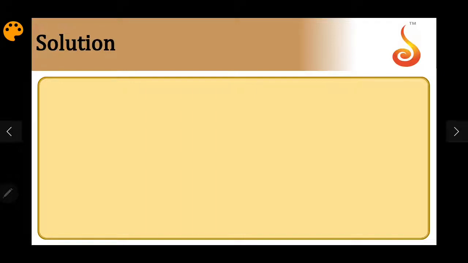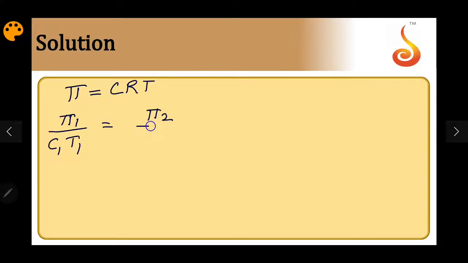So we know pi is equal to CRT. R is constant, so I can write pi 1 by C1 T1 is equal to pi 2 by C2 T2.